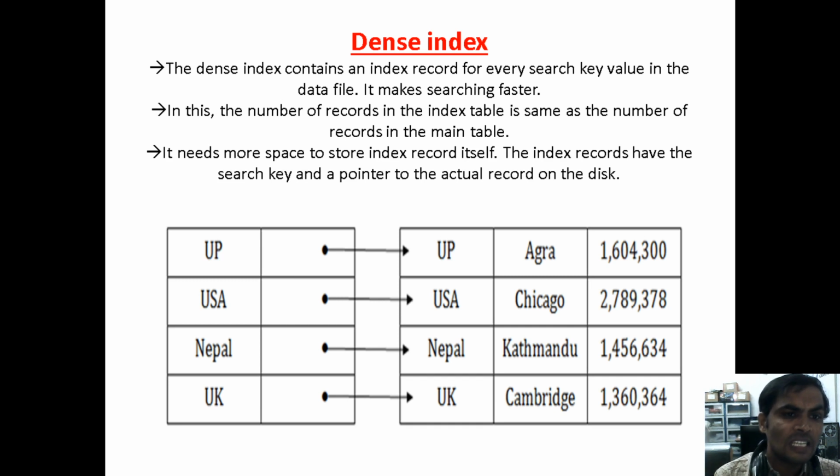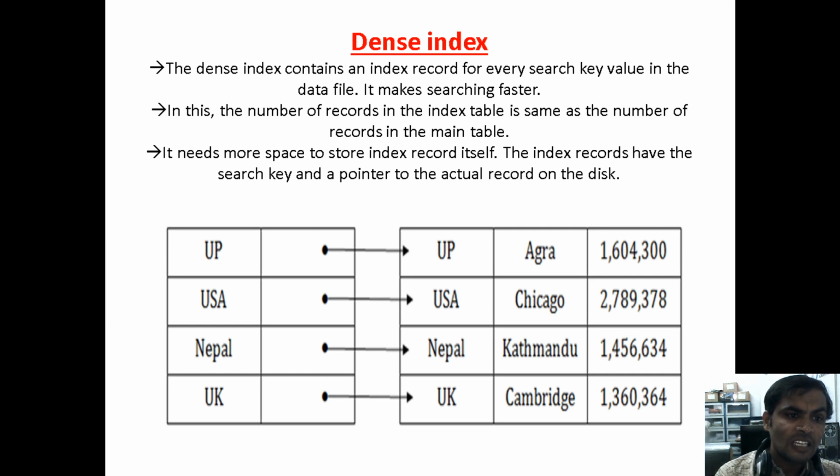Coming to the sparse index, if the index structure has 4 columns, the main table may have up to 10 columns, random. Means similar columns do not exist. This is the difference between the index structure and the main table under the sparse index.